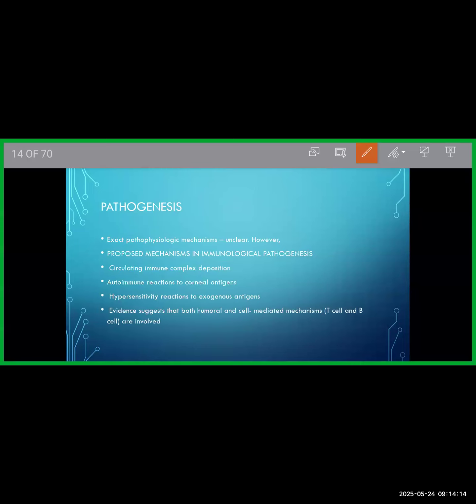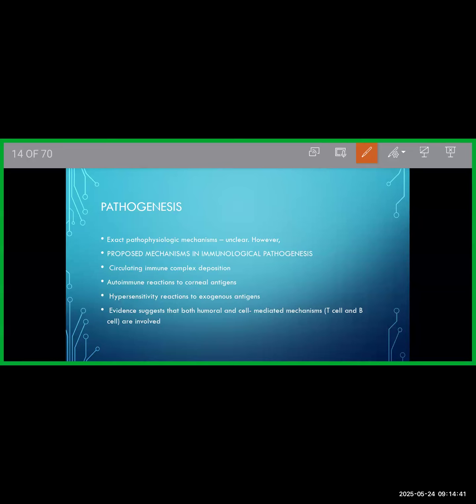Now, coming to the pathogenesis, the exact pathophysiologic mechanism is unclear. However, the proposed immunological mechanisms include circulating immune complex deposition at the peripheral cornea, and an autoimmune reaction to corneal antigens from this complex deposition.